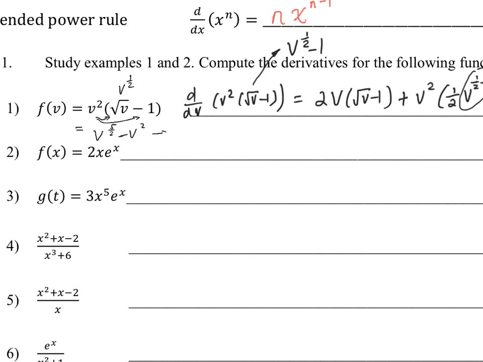So when you find the derivative of this particular function, you're going to apply the power rule twice. The first one is 5/2 v raised to power 5/2 minus 1, which gives you 3/2, minus, and the derivative of v squared is just 2v.